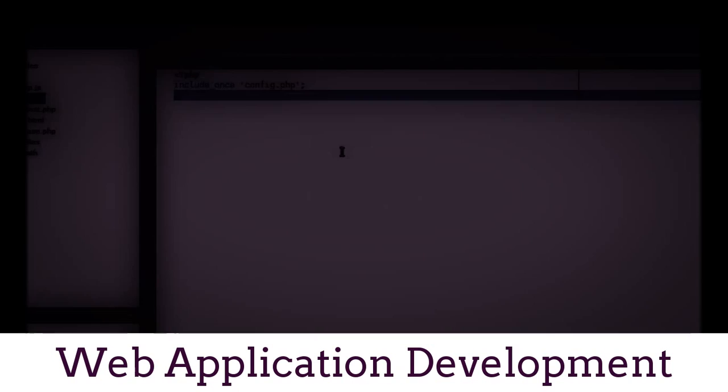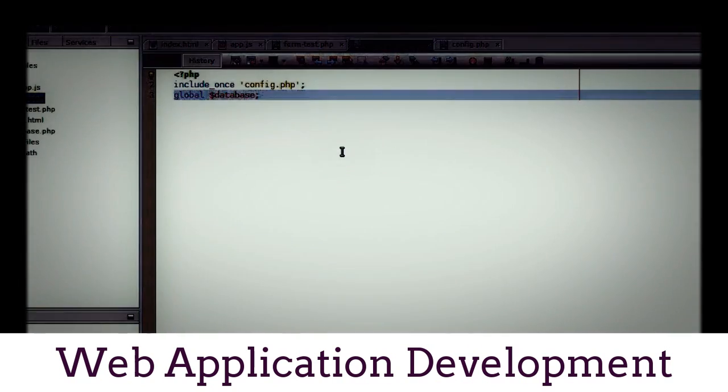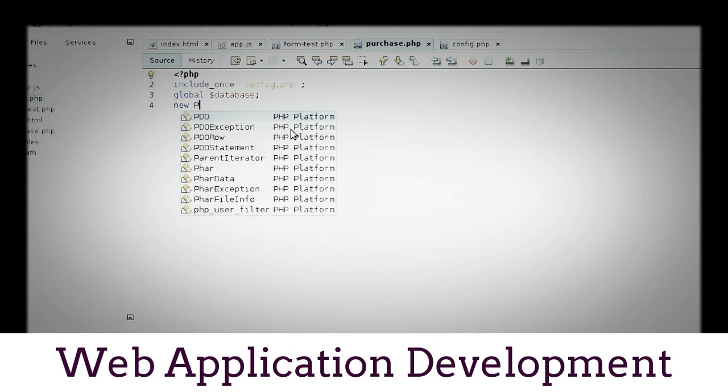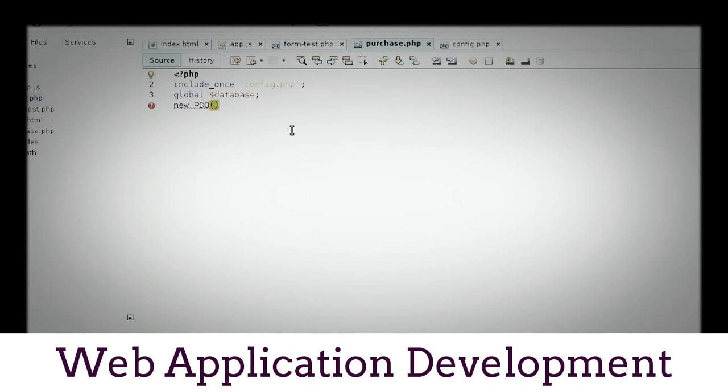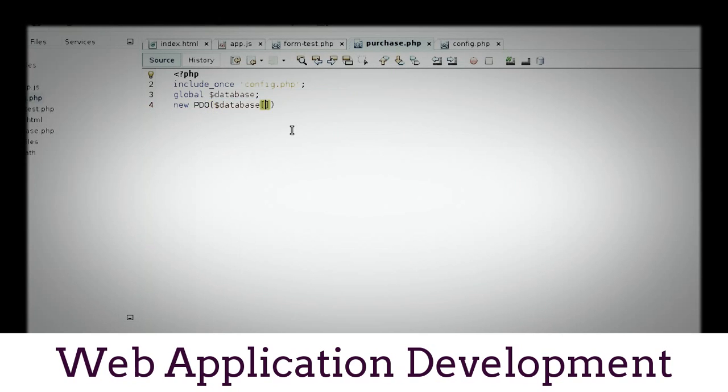At this point I can say global $database. Remember, database is in another file, so we have to reference it using the global prefix, which makes it available to us in this file. And then I say new PDO, and then the name of the URL, so database URL, and then $database username is the second parameter, then $database password is the third parameter.